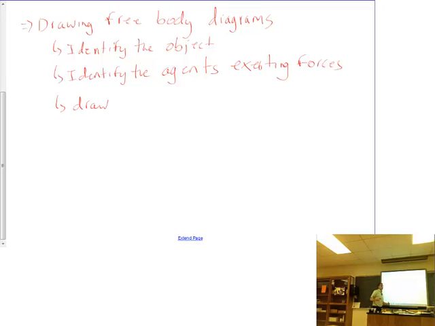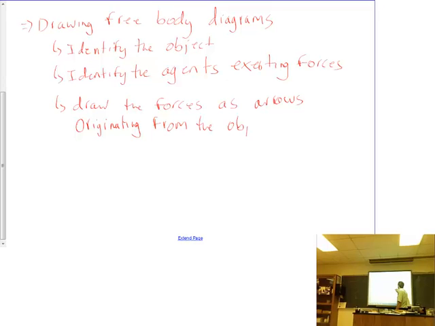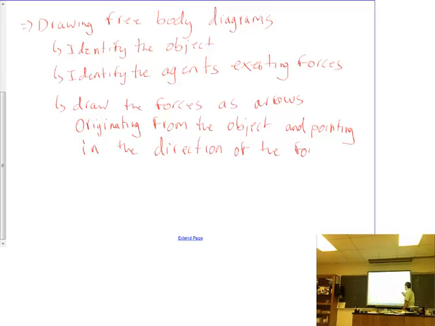From there, you're going to draw the forces as arrows, originating from the object and pointing in the direction of the force. Okay. All right. So it's pretty straightforward.